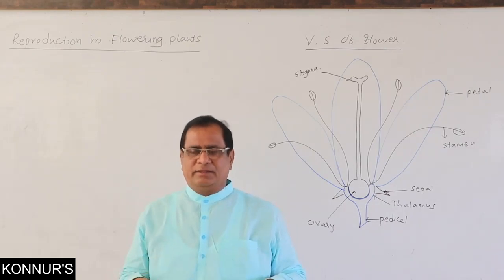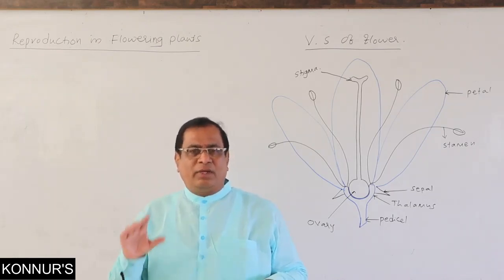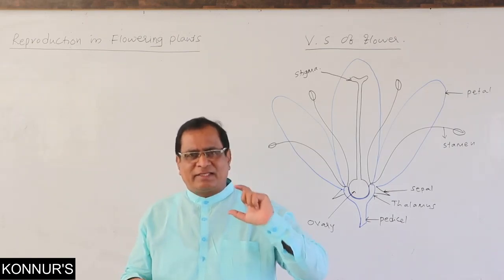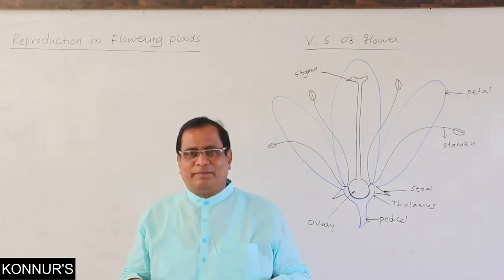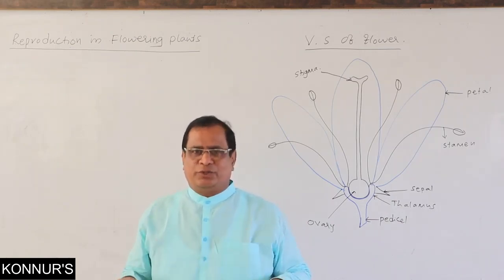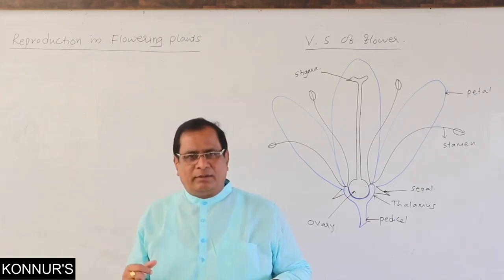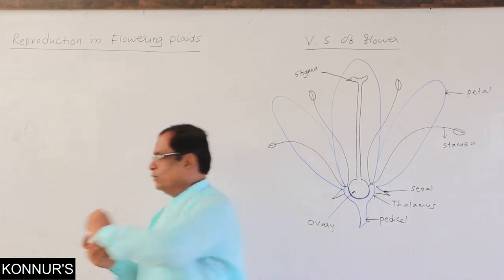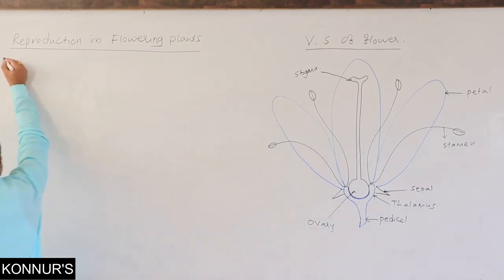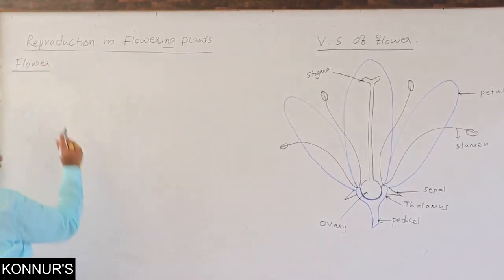In flowering plants, mainly sexual reproduction occurs, and a flower is the most fascinating structure in the plant and is a reproductive shoot, mainly meant for sexual reproduction.